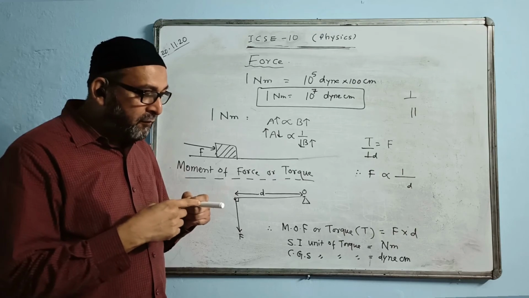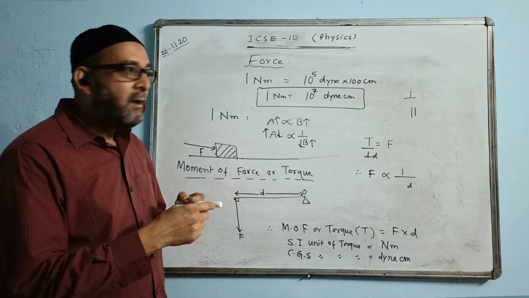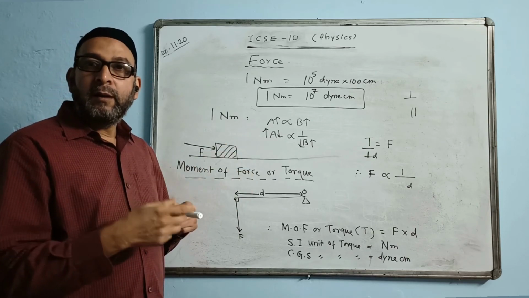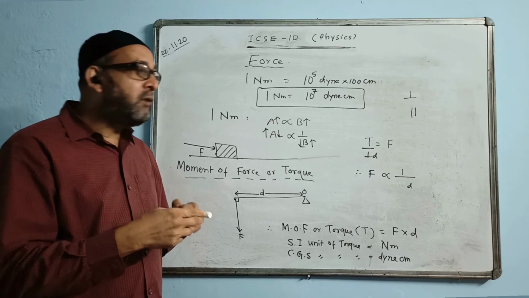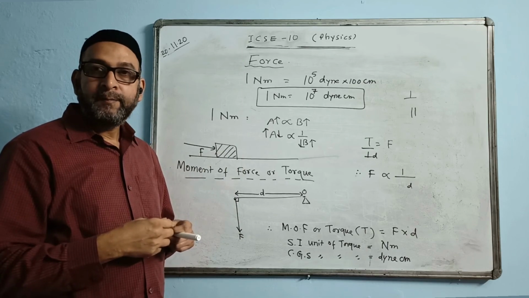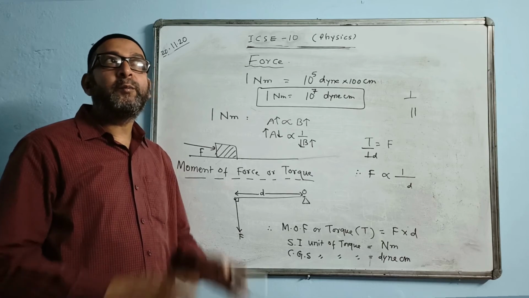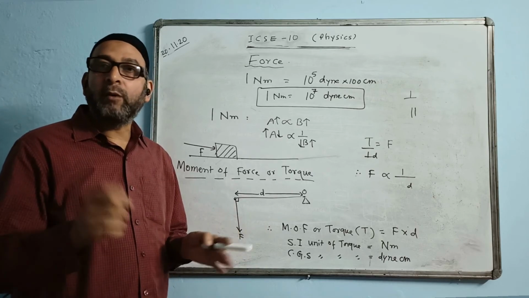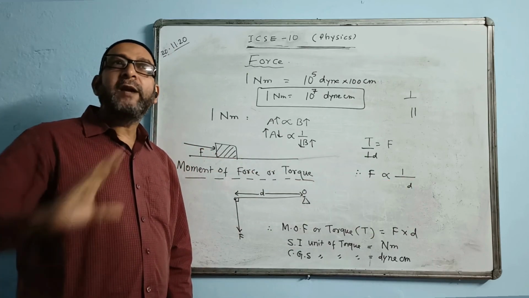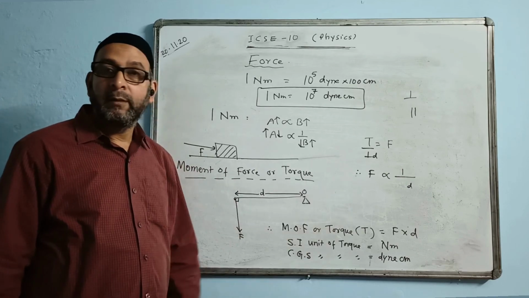And if you apply the force at a distance very, very close to the hinge, the amount of force required will be too large and you may not be able to produce any turning effect in it. So that is the idea behind it. Where we want to produce a turning effect by the least amount of force, we have to go for the maximum distance. So you can have many test questions based on this principle.